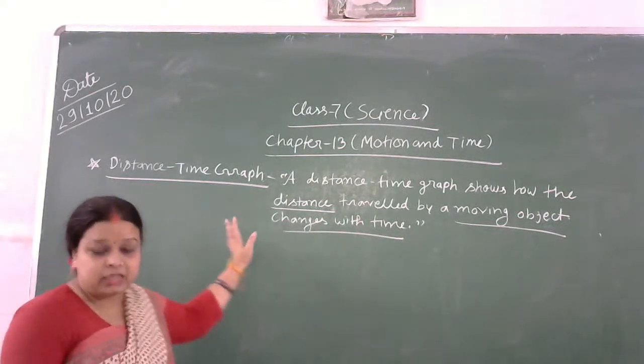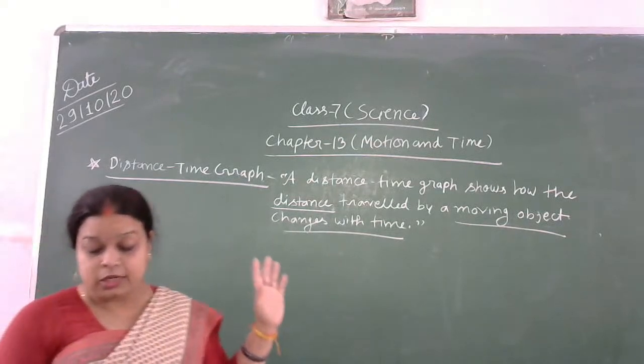This is known as a distance time graph, and this is the definition of the distance time graph.